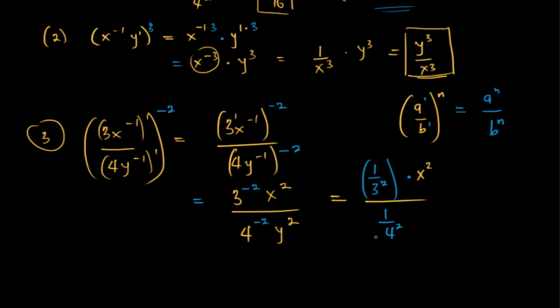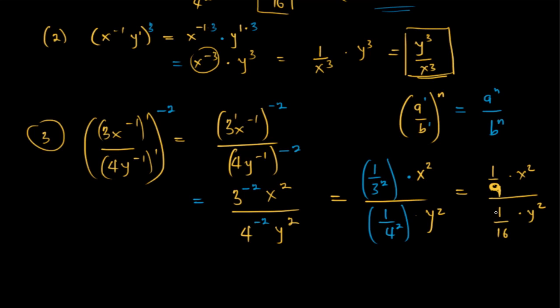So let's push that up. Times y squared. And then when you simplify this, what we would have is 1 over 16 times x squared divided by, okay, this should be 9. Divided by 1 over 16 times y squared.